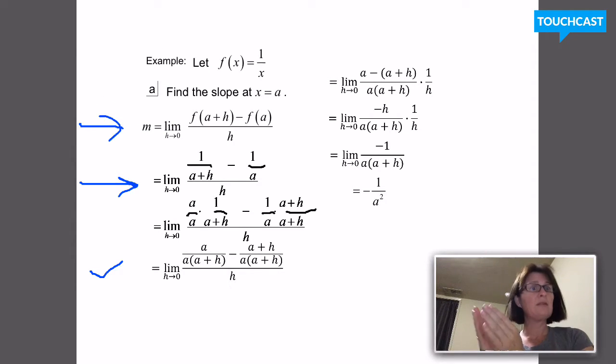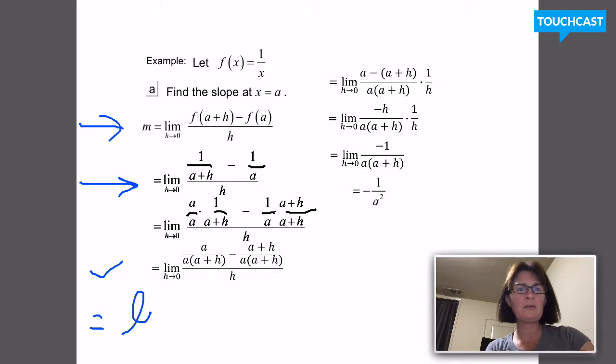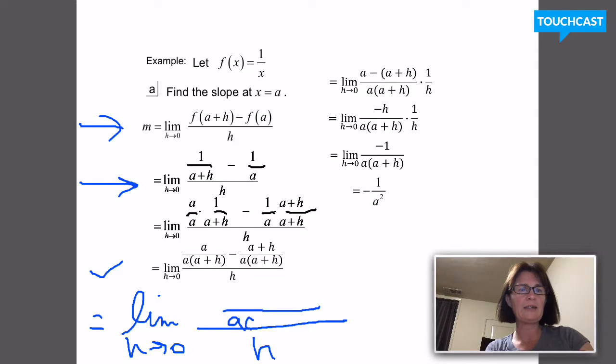I can subtract. So my new, let me put one more step in here, just in case that's helpful to you. This is going to be the limit as h goes to 0 of one giant fraction over h. And in the numerator, I'm going to have one giant fraction over a times a plus h.